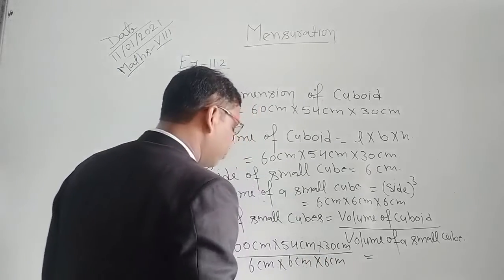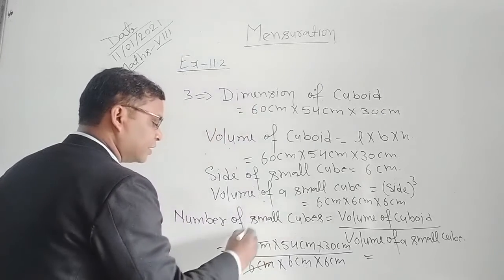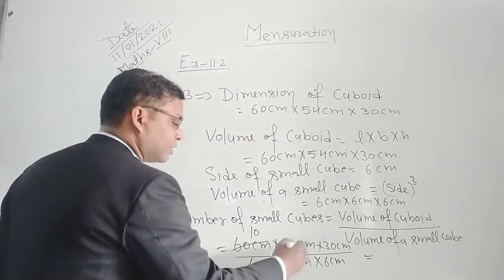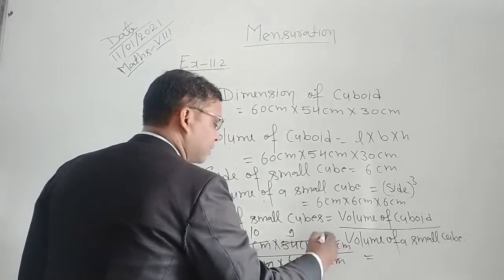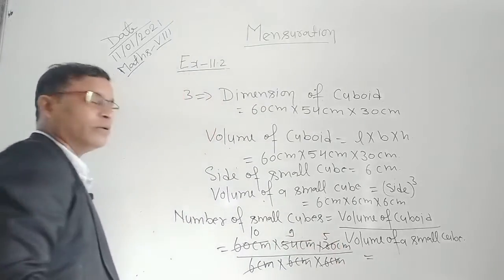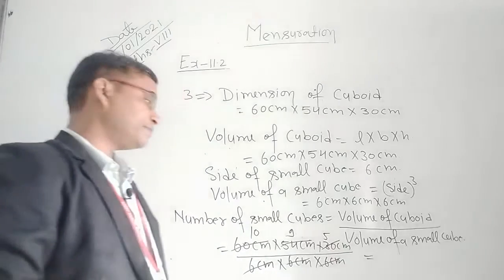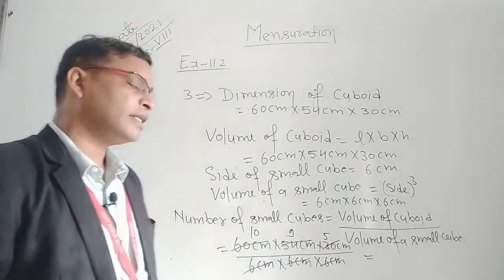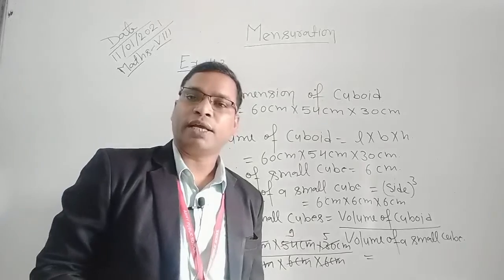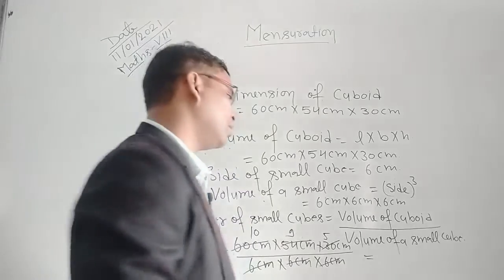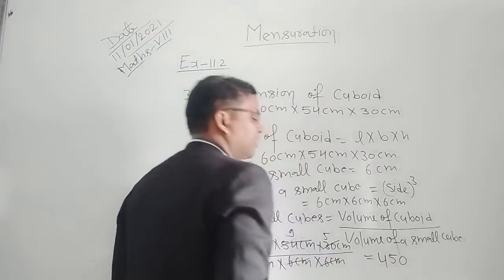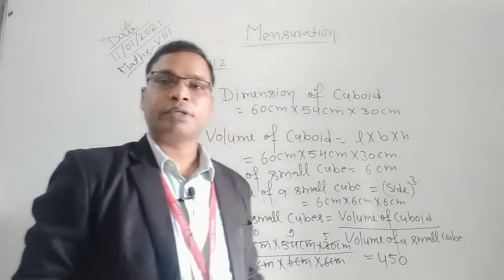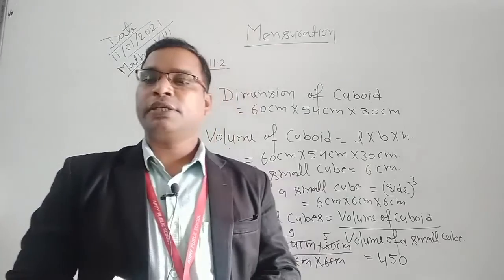If you divide them, you get 6 ten times, 6 nine times, and 6 five times. So if you multiply 10 into 9 into 5, then you get 450. This is the number of cubes.